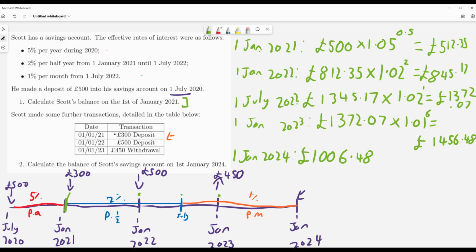I've just taken the £450 there, and it's in there for a year at 1% per month. So there's 12 months in the year. So I'm going to times that by 1.01 to the power of 12. And when I do that, I get £1,134.13. So if you've seen the previous video, you'll see that we've got the same answer, which is obviously a good sign.